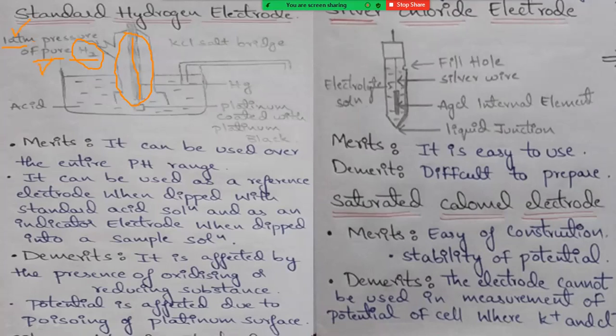If you fail to produce hydrogen gas having these metrics, we cannot get the proper potential values. That's why the standard hydrogen electrode is very difficult to operate and construct. That's why it is not widely used. Of course, it has a few advantages, but there are many disadvantages too. It is very difficult to handle, so it is not considered the most widely used reference electrode.